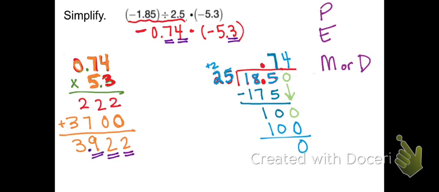So our answer will be 3.922. The last thing you have to ask yourself is, is this going to be a positive or a negative? In this case, we were multiplying a negative times a negative. And a negative times a negative is always going to be positive.